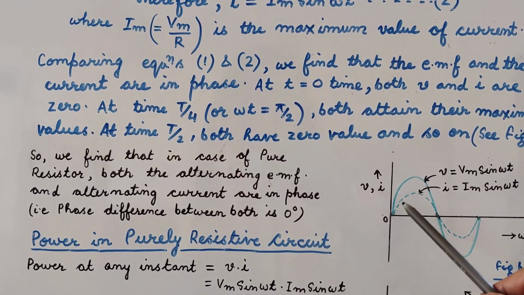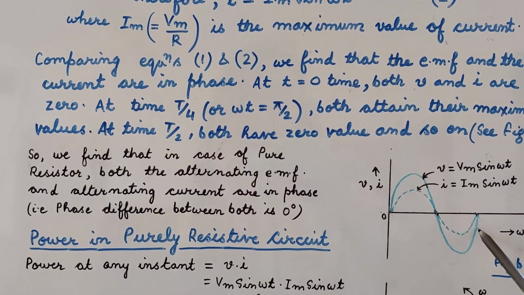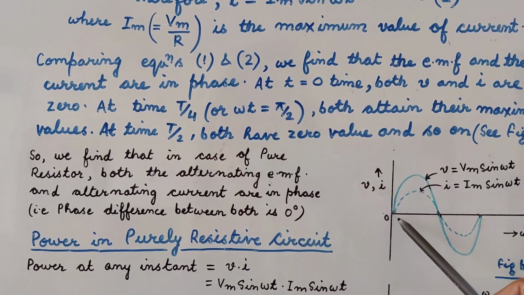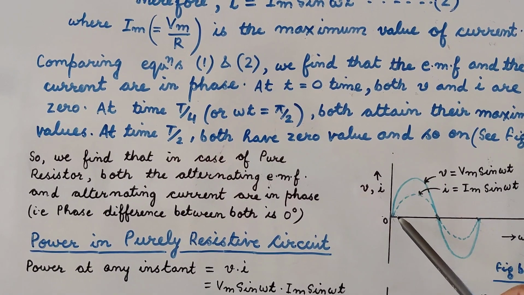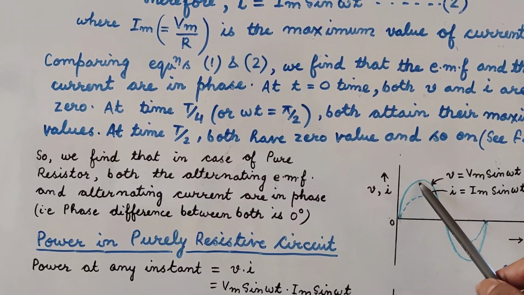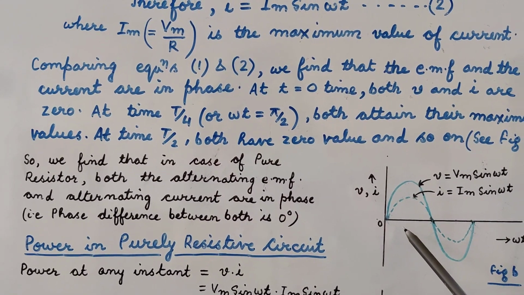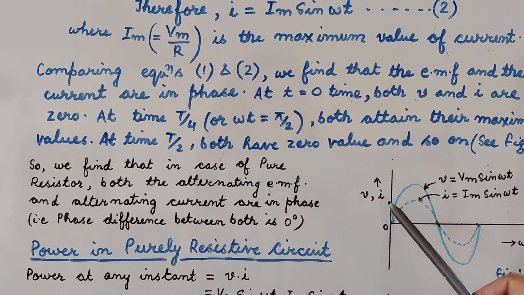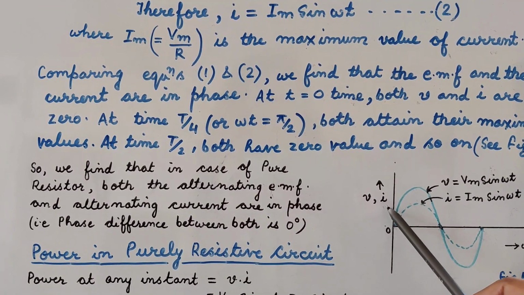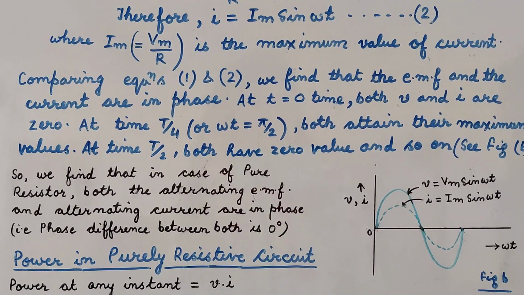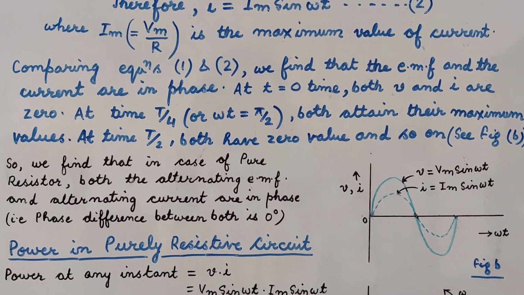So we find from this graph that both the voltage and the current attain their 0 and maximum values together. So there is no phase difference between the alternating EMF and the alternating current in case of a purely resistive circuit.